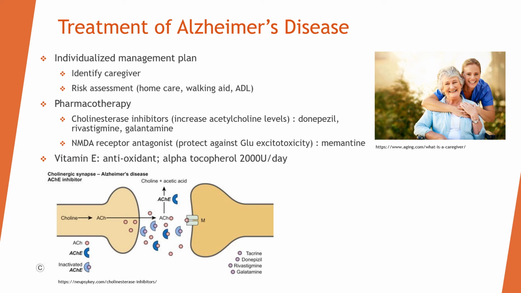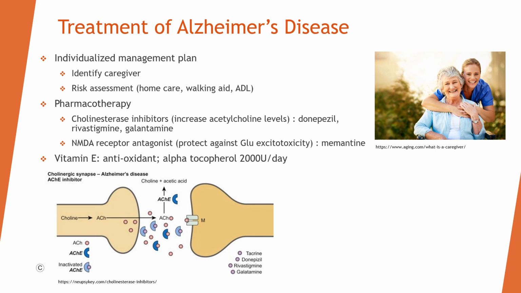Treatment of Alzheimer's disease should be individualized. So identify the caregiver and assess the risk in their homes, of the navigations around their homes, seeing if they need walking aids, as well as looking into activities of daily living.